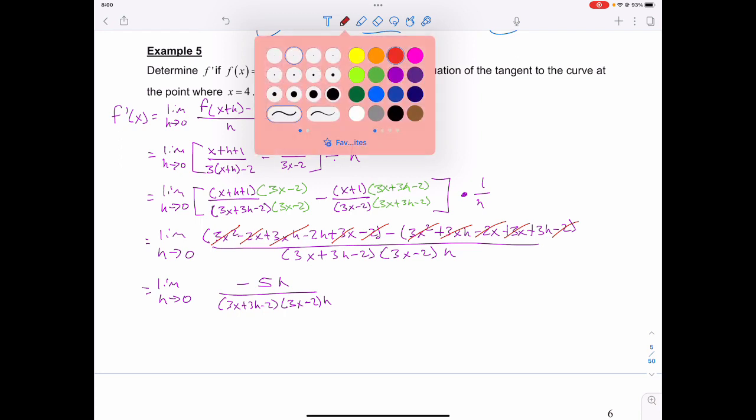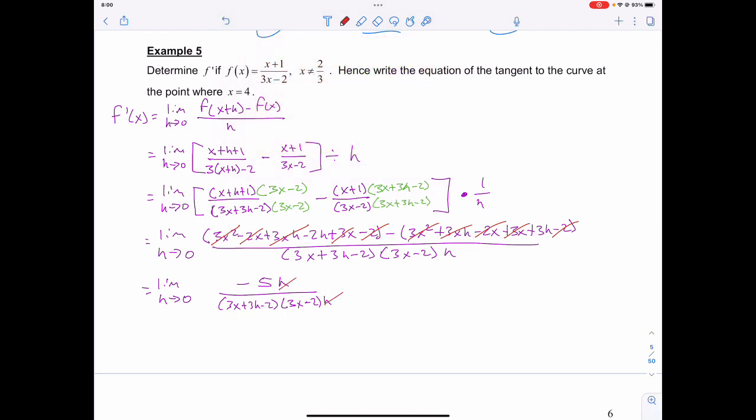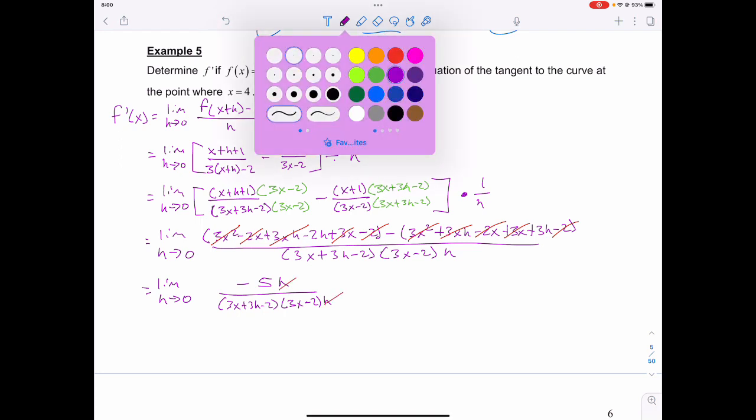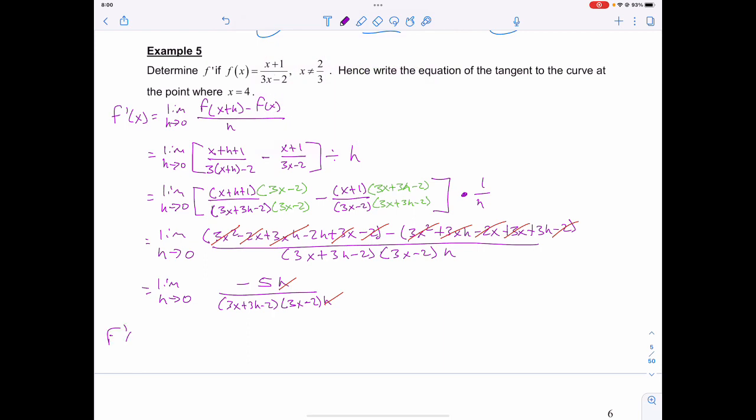Take away the common h, and f prime at x is going to equal -5 over 3x plus 3 times 0 minus 2 times 3x minus 2, which we can simplify just to -5 over 3x minus 2 squared.